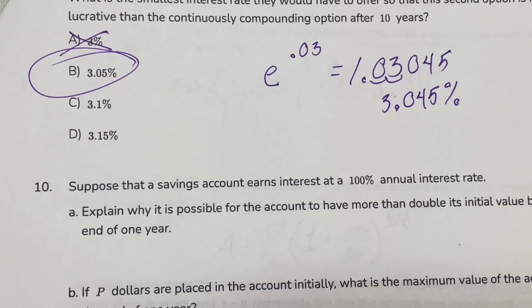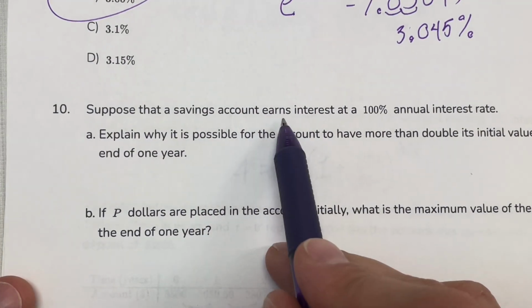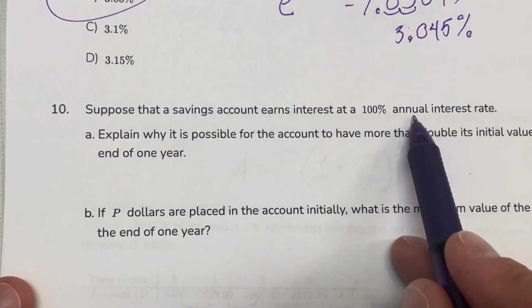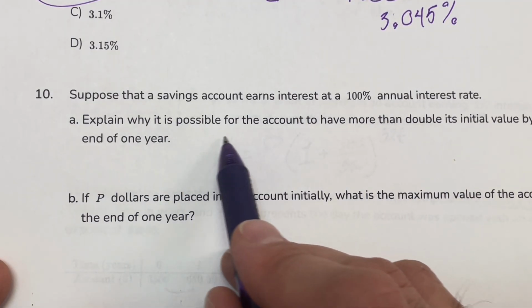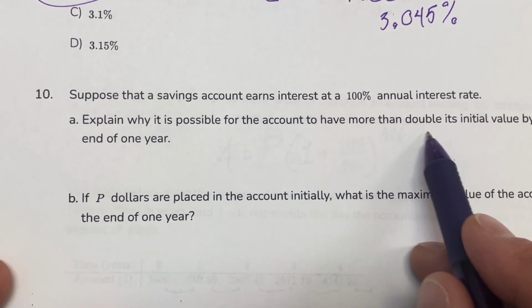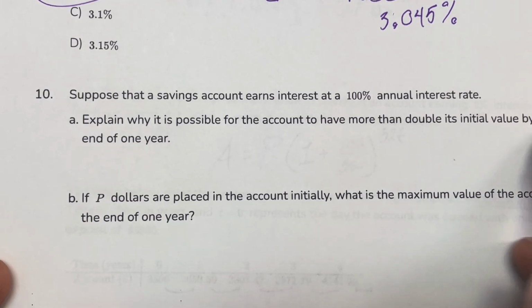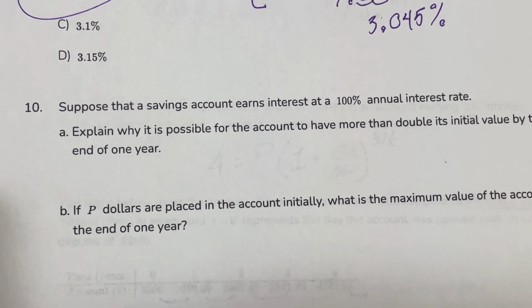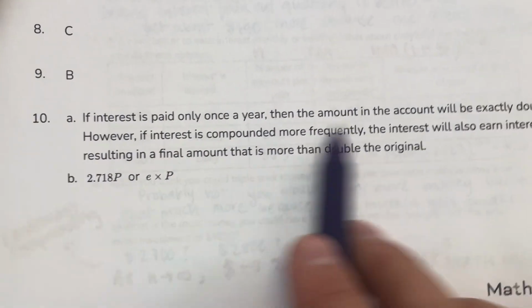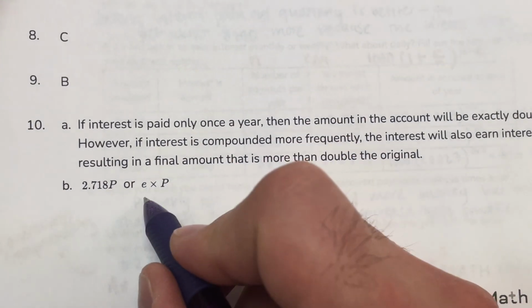Let's move on. Suppose that a savings account earns interest at 100% annual interest. Explain why it is possible for the account to have more than double its initial value by the end of the year. I'm going to refer to the answer key. It's because it's continuous.